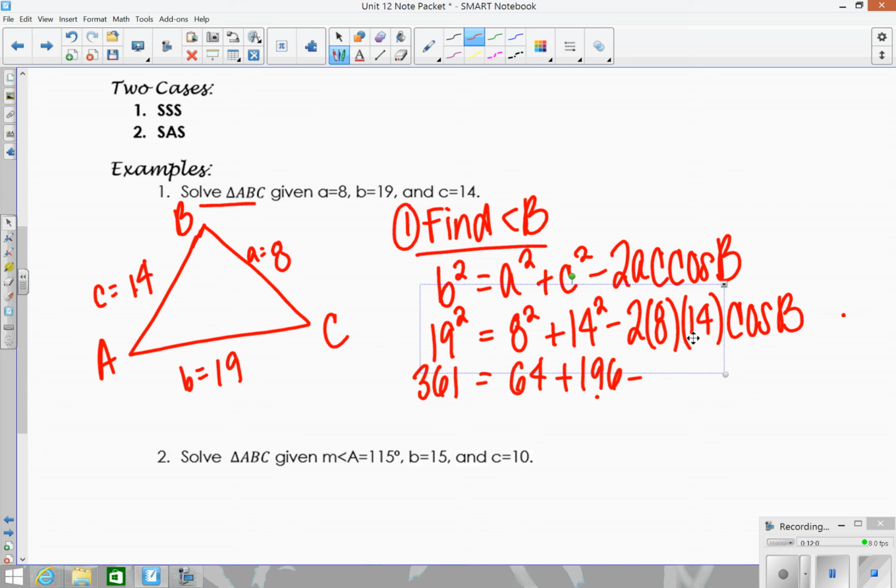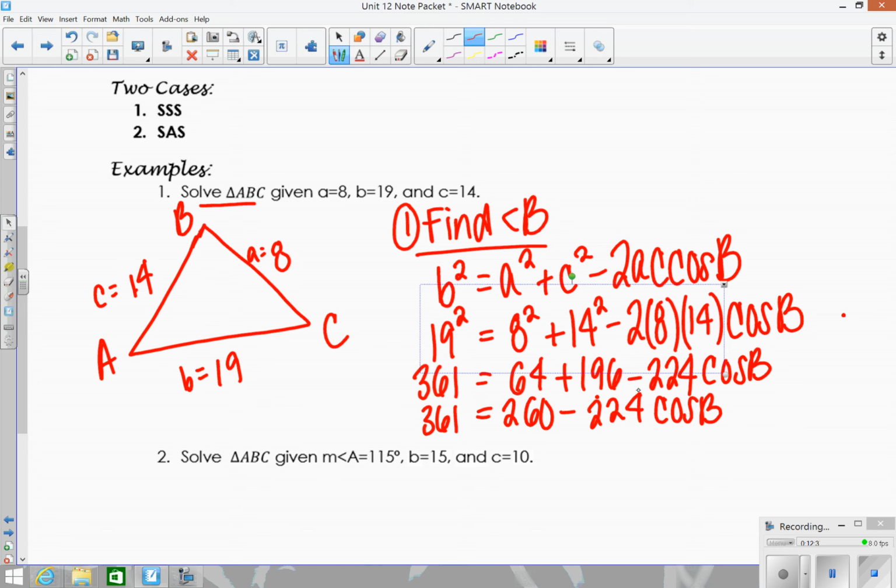And then I would just put all this into a calculator, 2 times 8 times 14, so 224 cos of B. And then we want to combine these first. So we have 361 equals 260 minus 224 cosine of B.